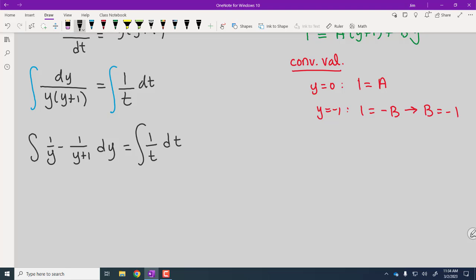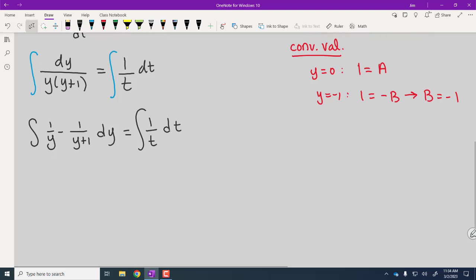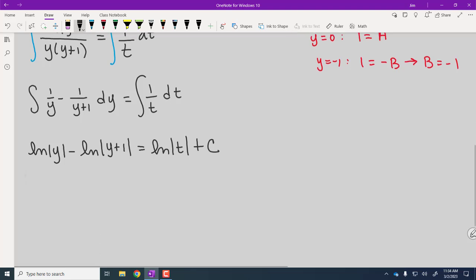Now it is integrable. Now we can get natural log absolute y minus natural log absolute y plus 1 equals natural log absolute t plus c. All right. Any questions? Lots of logs.